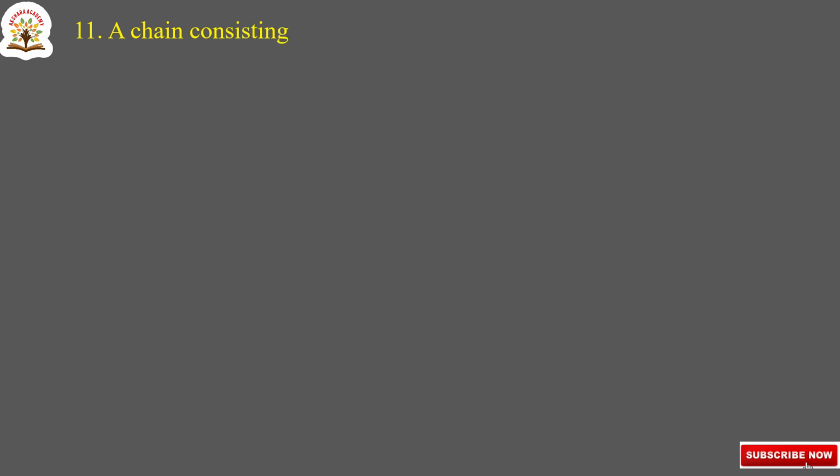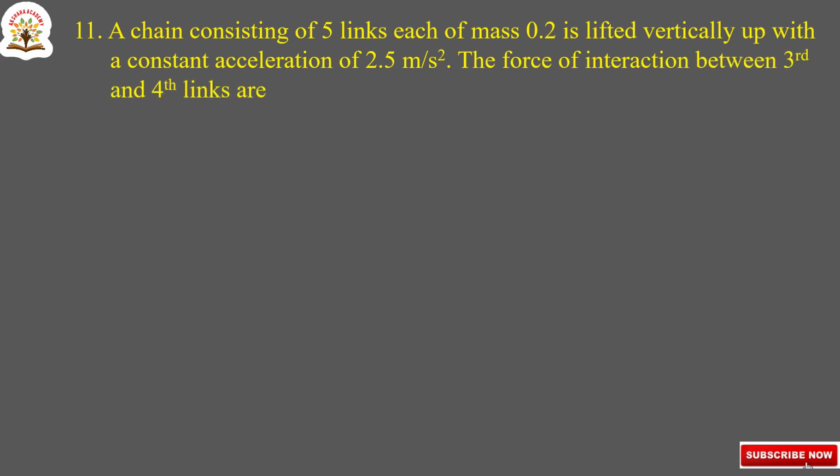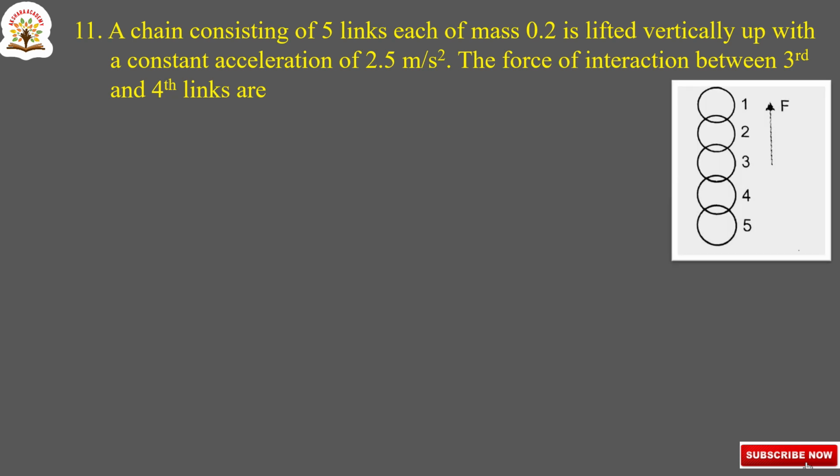11th one. A chain consisting of 5 links, each of mass 0.2, is lifted vertically up with a constant acceleration of 2.5 meter per second square. The force of interaction between third and fourth links is, see the picture, this is the chain containing 5 links each of mass 0.2. We have to calculate the force of interaction between third and fourth links.